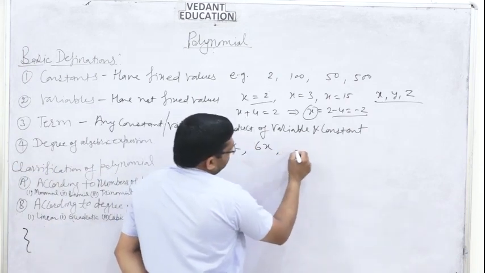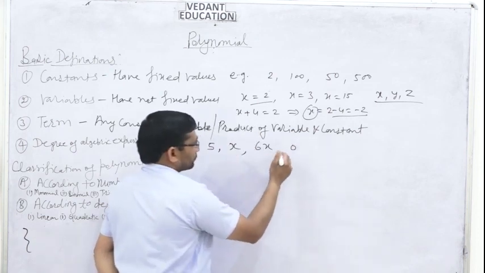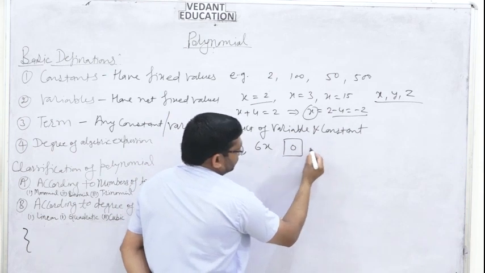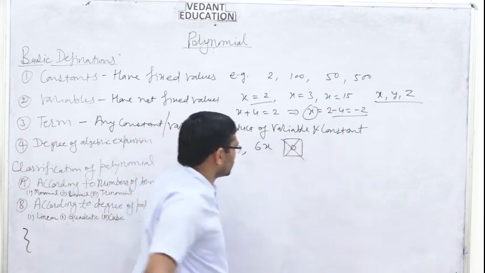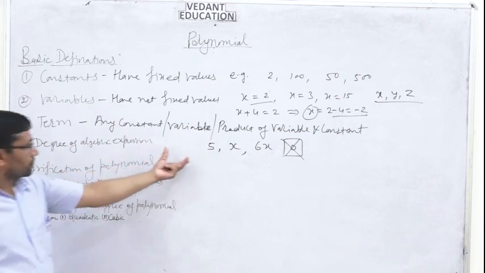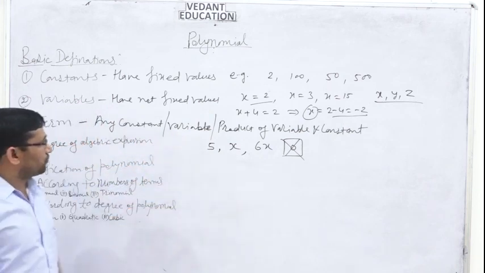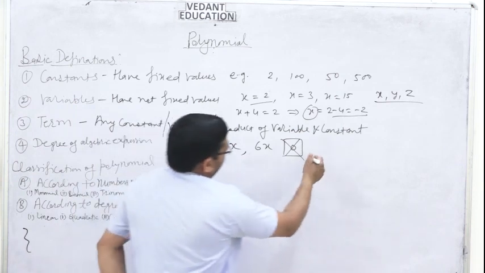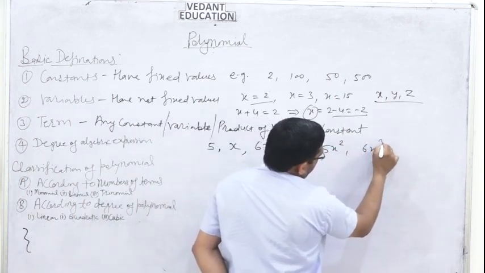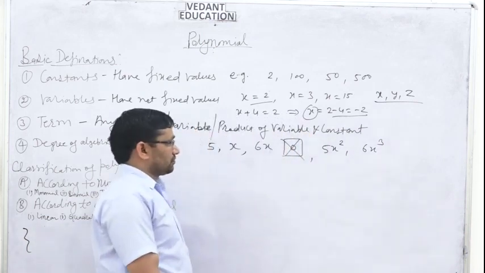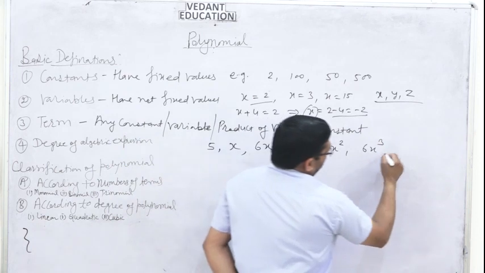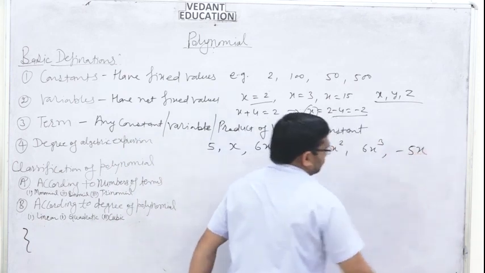Suppose constant is 0, but 0 is not term. This is not term. 0 is not term. So these are the examples of terms. We can also write other examples. Suppose 5x square, 6x cube. These all are examples of terms. May be positive or negative, minus 5x.